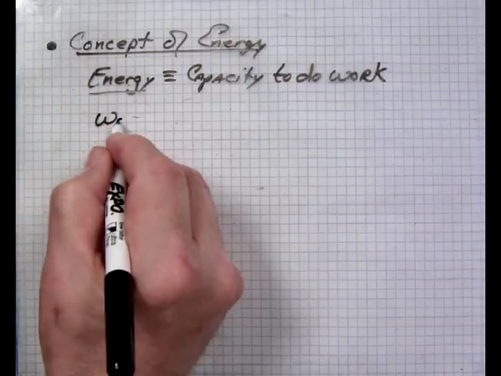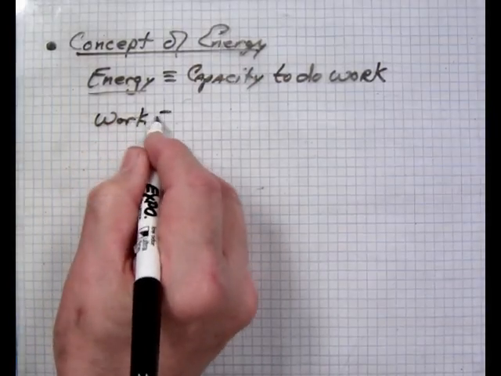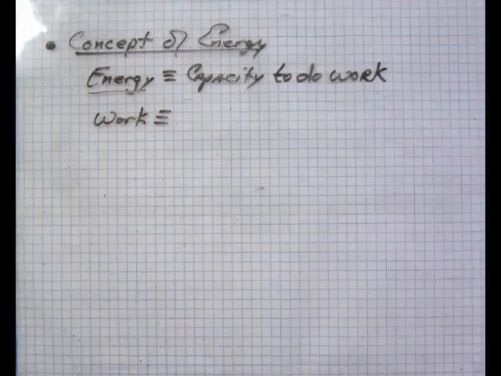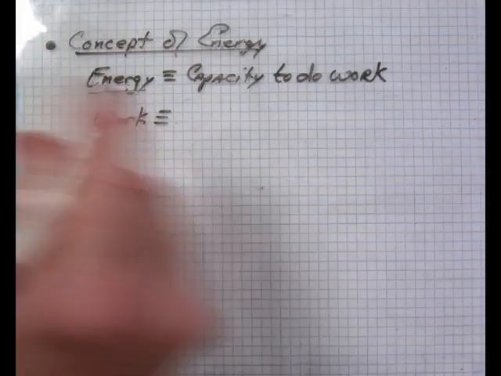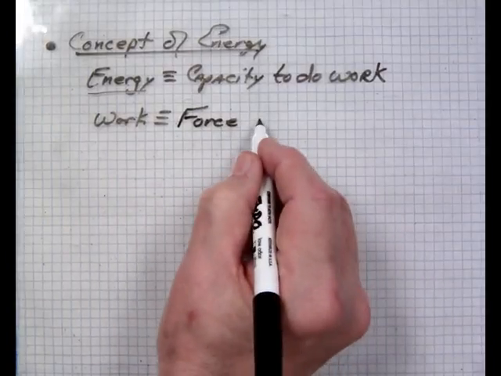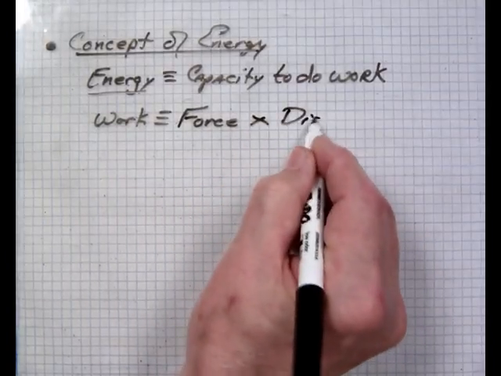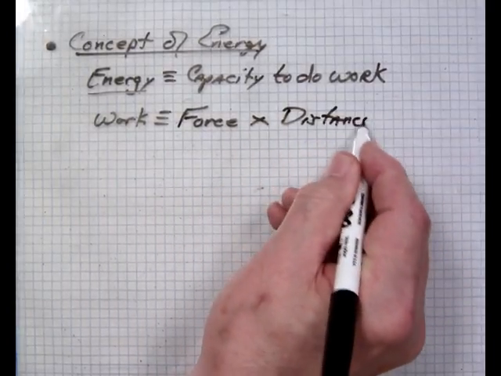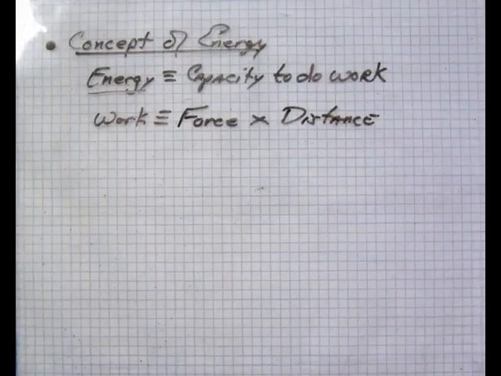Now work, says the physicist, is a force acting over a distance. And mathematically, that would be force times distance.